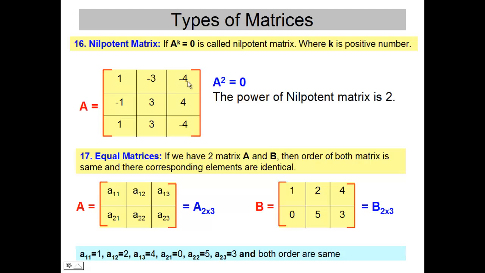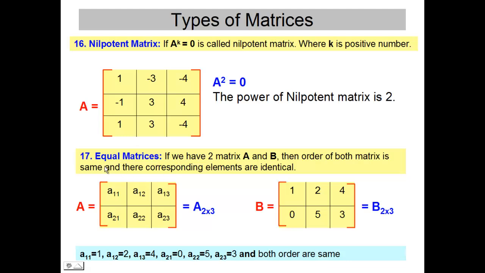This is an example of matrix A equals 1 minus 3 minus 4, minus 1 3 4, 1 minus 3 minus 4. If we square the A matrix, A multiplied by A, then the output is 0. So this is called a nilpotent matrix, and the power of the nilpotent matrix is 2 here.